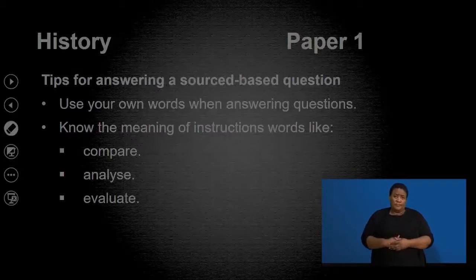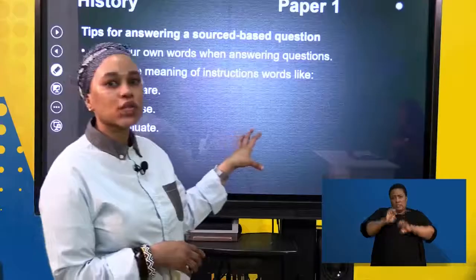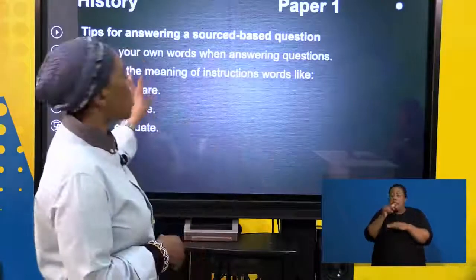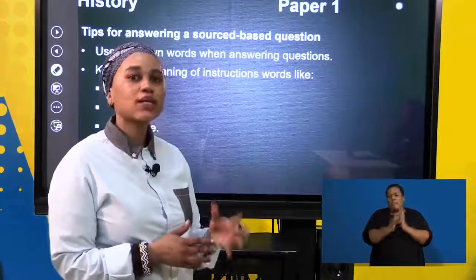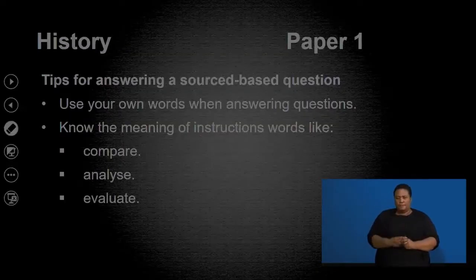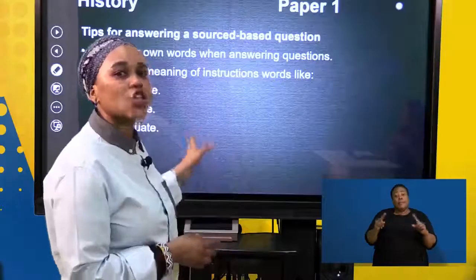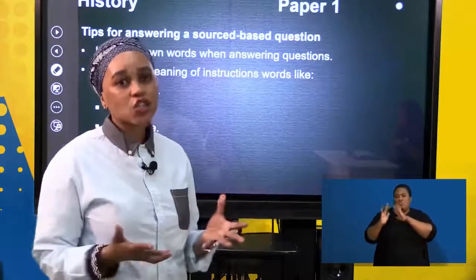Now, you have to know the meaning of instructions like compare, analyze, and evaluate. Okay, there are more instruction words that are likely to be used in an exam. I'm just giving you some examples here. I'm not saying that every question you will get will require you to compare, analyze, or evaluate. However, these are the skills that you are likely to find in a history exam because we know historians like doing those things.